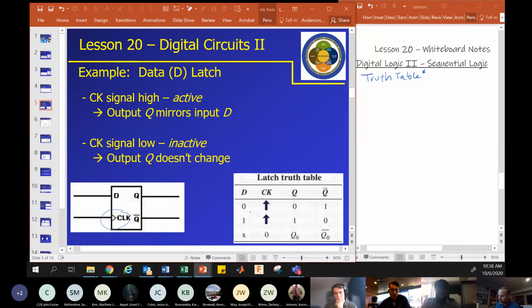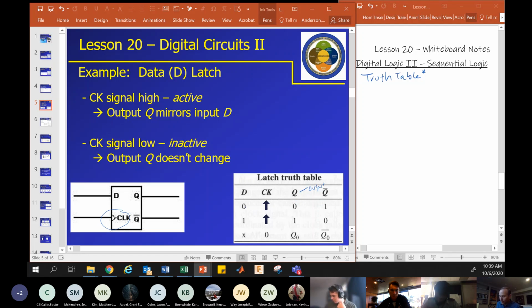It's very simple in that the output is known as Q, and then we have a Q naught, which is the opposite of the output. This is very typical for these type of devices. They'll usually have a Q and a Q naught. But we mostly care about what the output is doing, the Q.